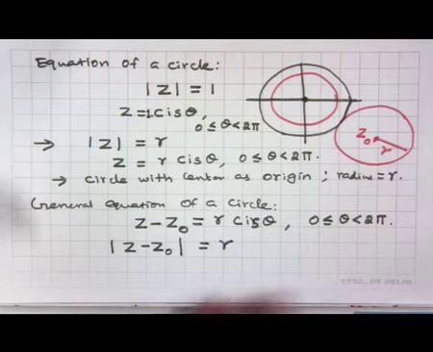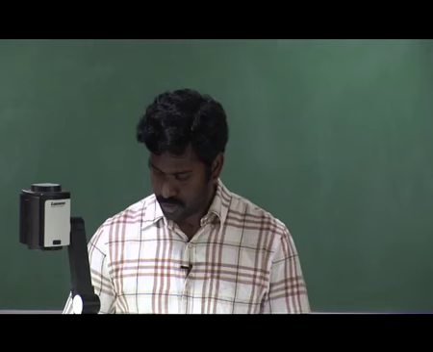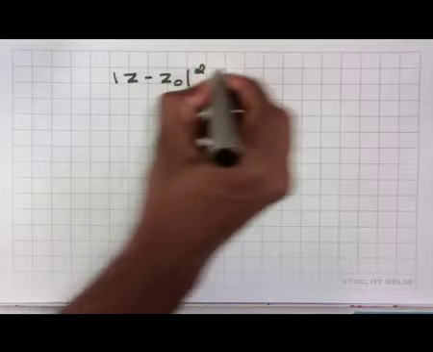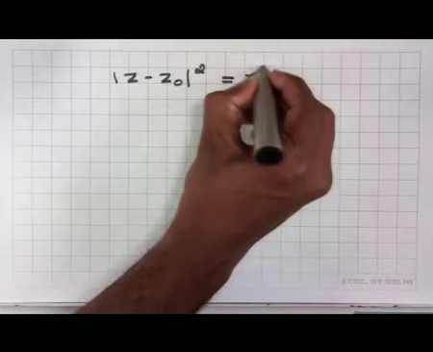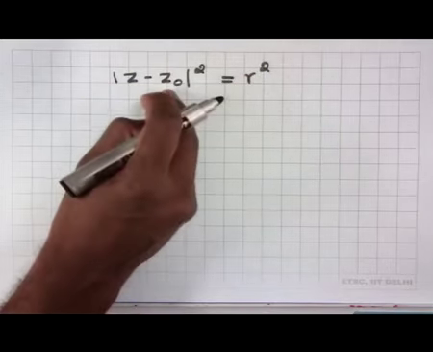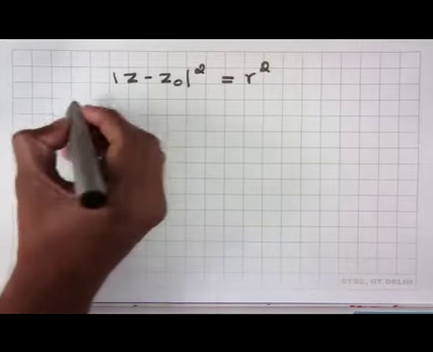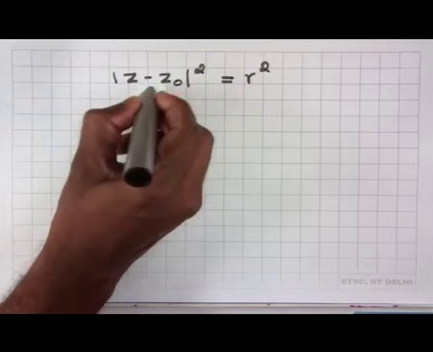Now let us look back at this equation. The general equation of the circle we are writing is modulus of z minus z naught equal to r. Now I just square it.